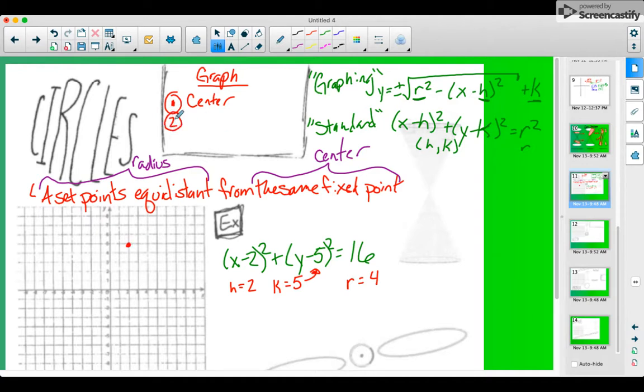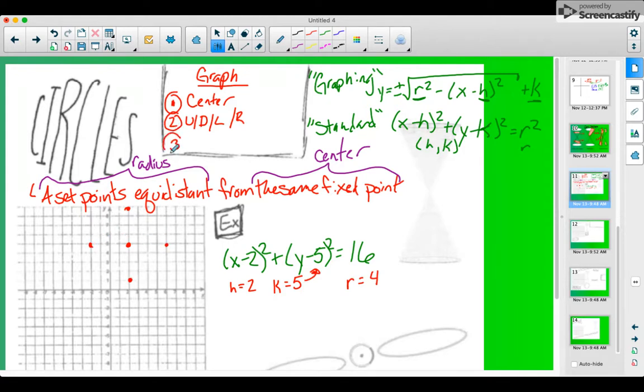Then you use your radius to go up, down, left, right from your center.